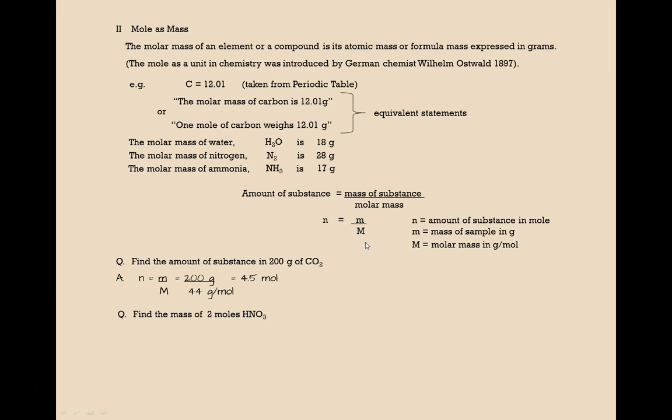This time we have to find little m, so we're going to manipulate the equation around to get m by itself, and then turn it around so that the variable we're seeking is on the left side. That's the normal way of showing these solutions. Put in our numbers. 63 grams per mole is the molar mass of nitric acid. And here's our answer. The mass is 126 grams. Really should write of HNO3 to complete it.